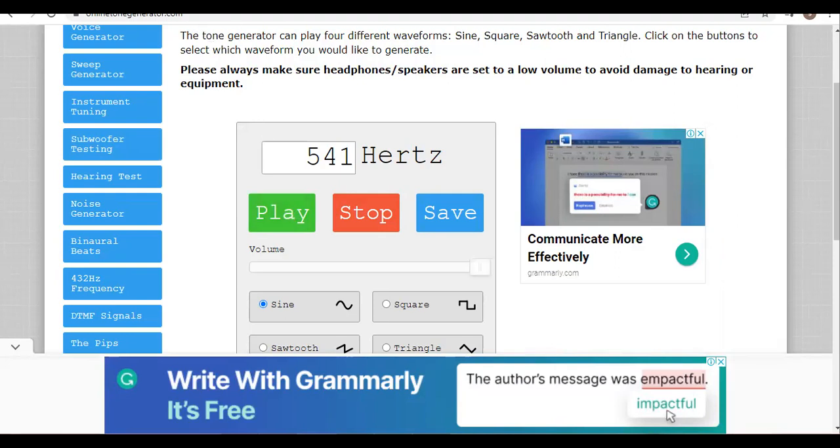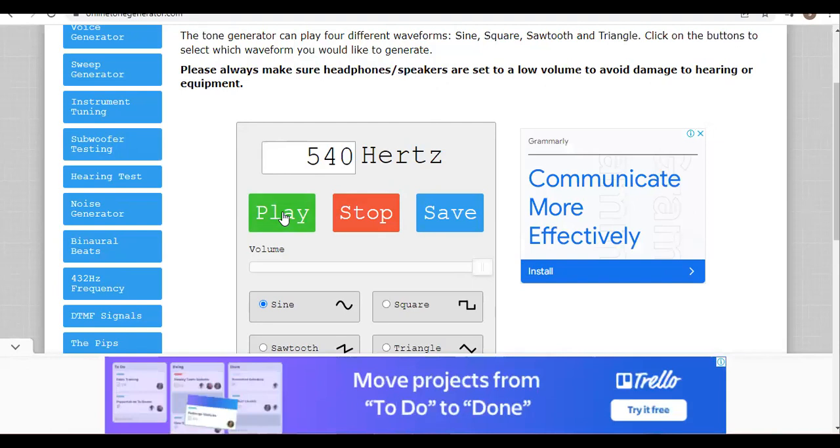Oh, yes, sir, we can hear it. Yeah, something like a tuning fork. But what I want you to observe is it's rising and falling, rising, falling. I don't know why, I kept the volume maximum, but still you're saying you are not able to hear.